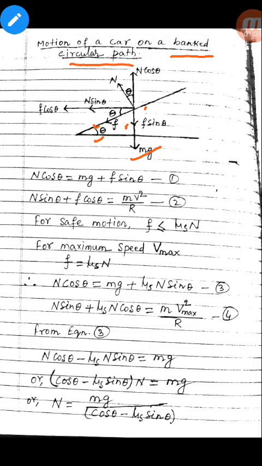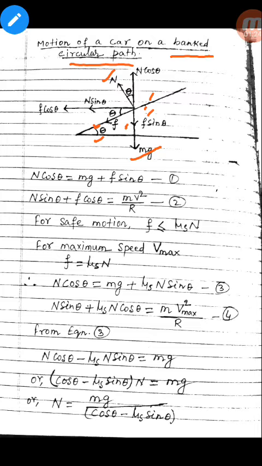And the third is the normal reaction force N, which is perpendicular to the plane of the slope.